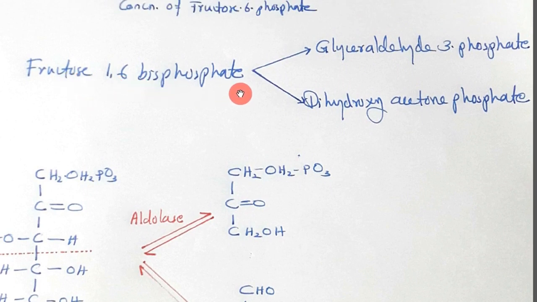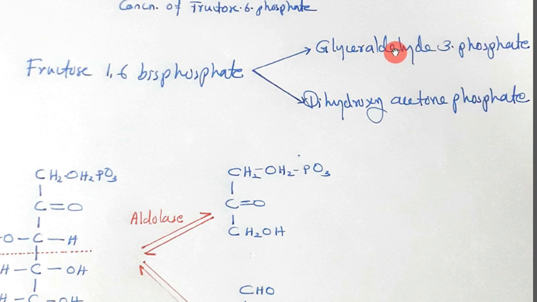fructose 1,6-bisphosphate is broken down into two 3-carbon compounds, glyceraldehyde 3-phosphate and dihydroxyacetone phosphate. Fructose 1,6-bisphosphate is a 6-carbon compound which is broken down into glyceraldehyde 3-phosphate and dihydroxyacetone phosphate.